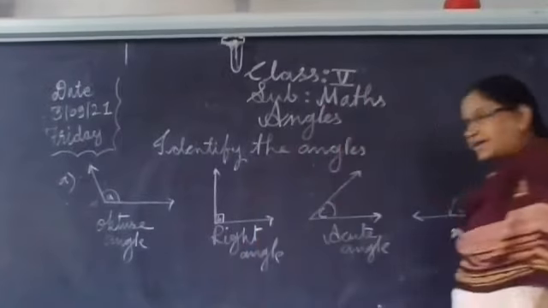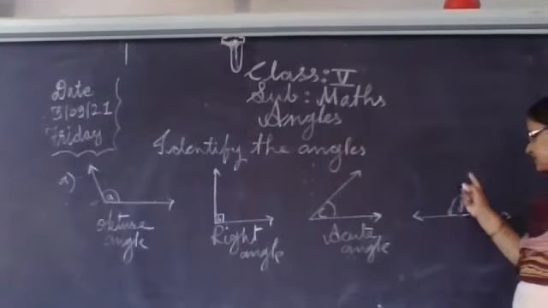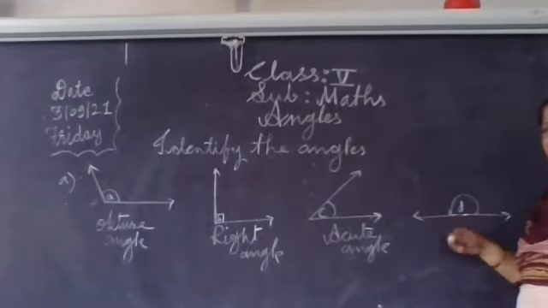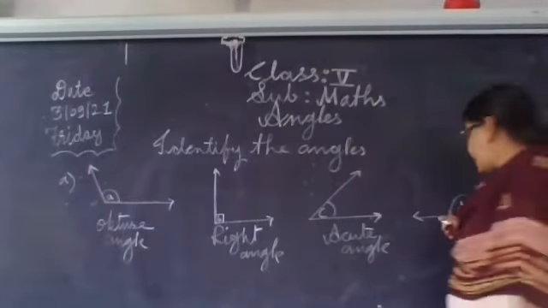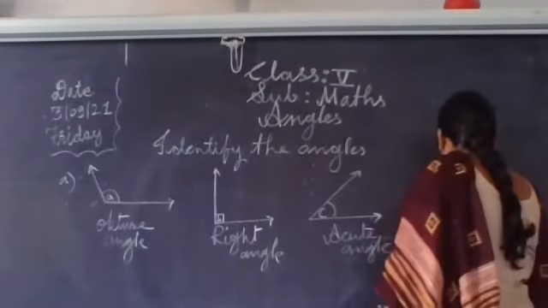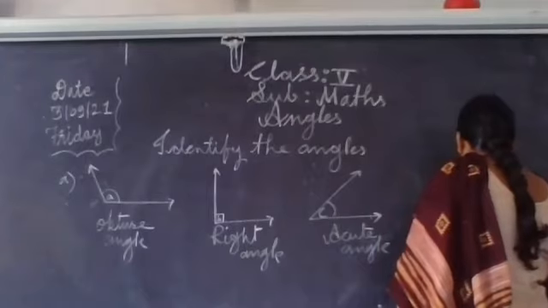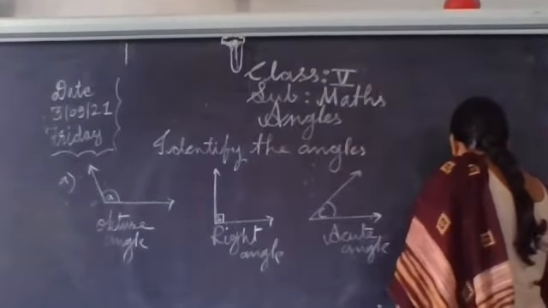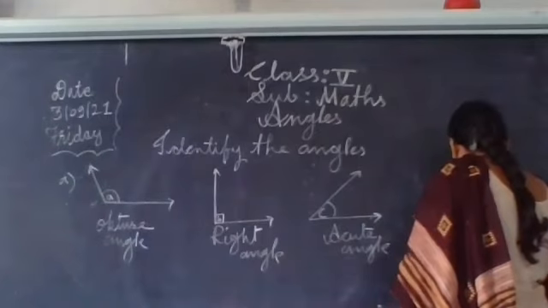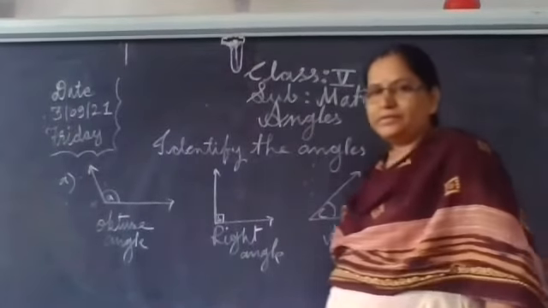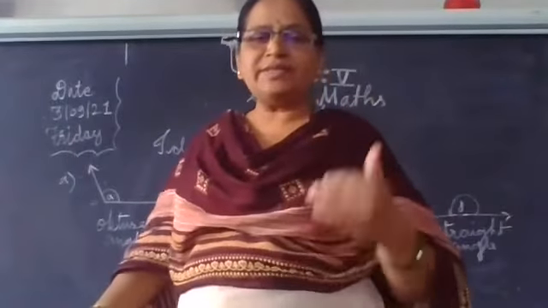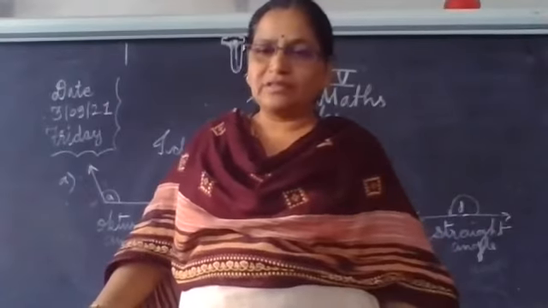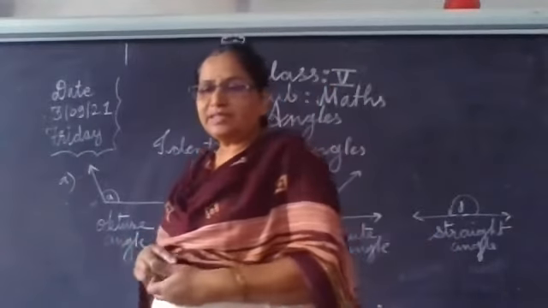And this angle is made on a straight line, that's why it is a straight angle. In this way, without actually measuring the angle, you can identify the given angles. Got it? So let's see the other questions.